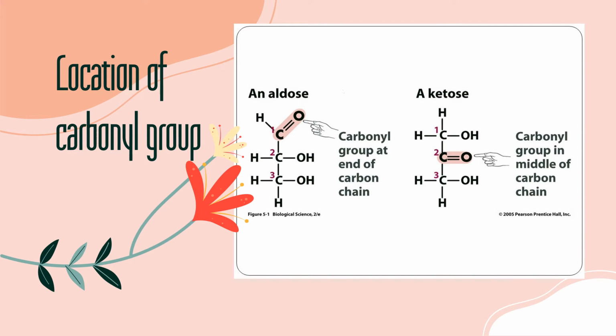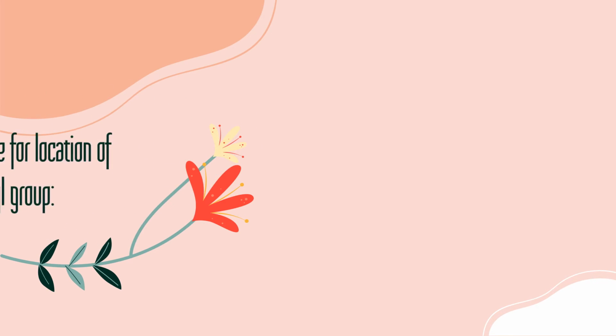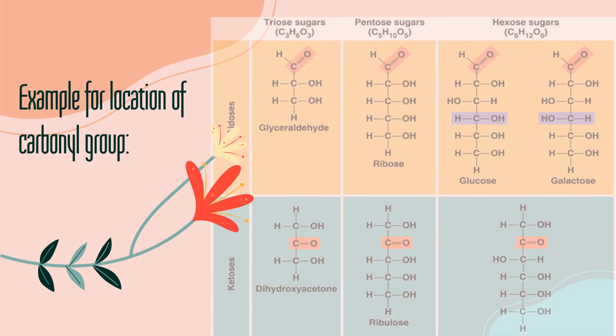So what's the difference between aldose and ketose? Aldose sugar has the carbonyl group at the end of the chain, while ketose has the carbonyl group in the middle of the chain. So this is an example of the location of the carbonyl group.